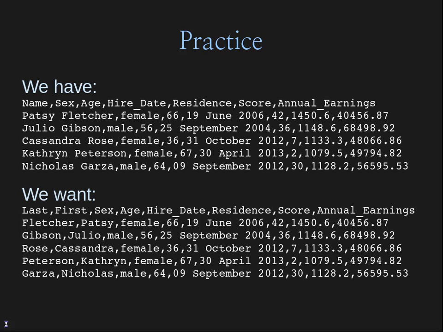Okay, let's take a look at something where we're going to actually use this. Imagine we have this data: name, sex, age, hire date, residence, a score of something, and their annual earnings. I wonder if I'm breaking privacy laws by giving you annual earnings of fake people. Probably not.